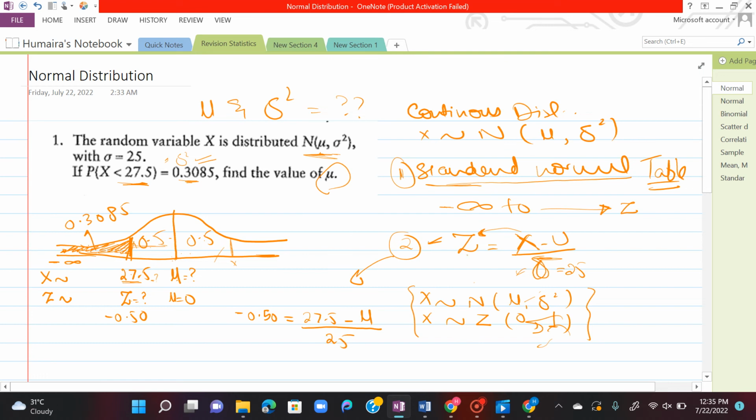Remember, in this formula we have four things: z, x, mu and sigma. Out of four things, if I put any three values, I can get the fourth value. Now just do the cross multiplication, the same old mathematics, and then you can find the value of mu. When I solve, I got the answer mu equals 40. So this is, I think, the easiest question, where you just need to find out mu.